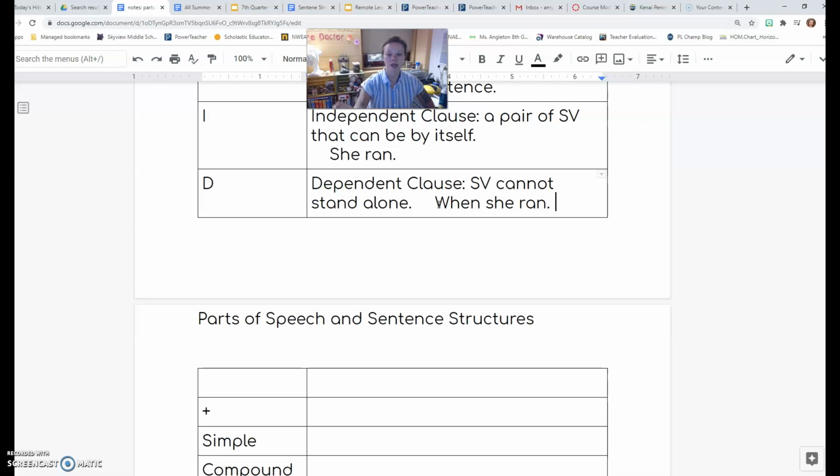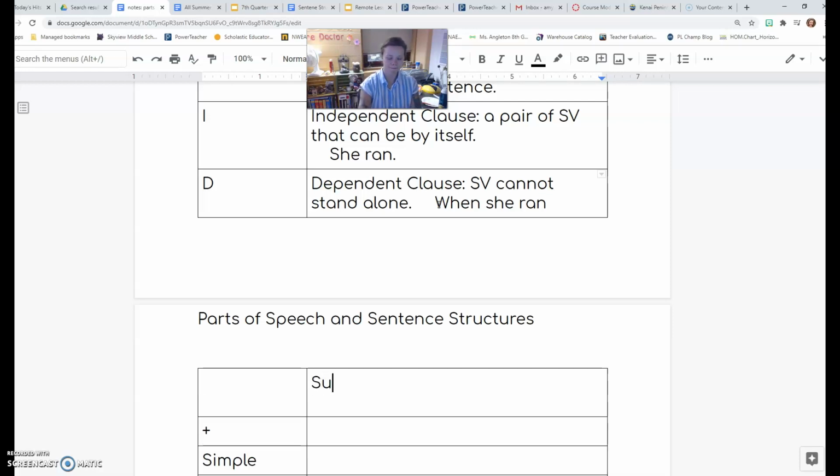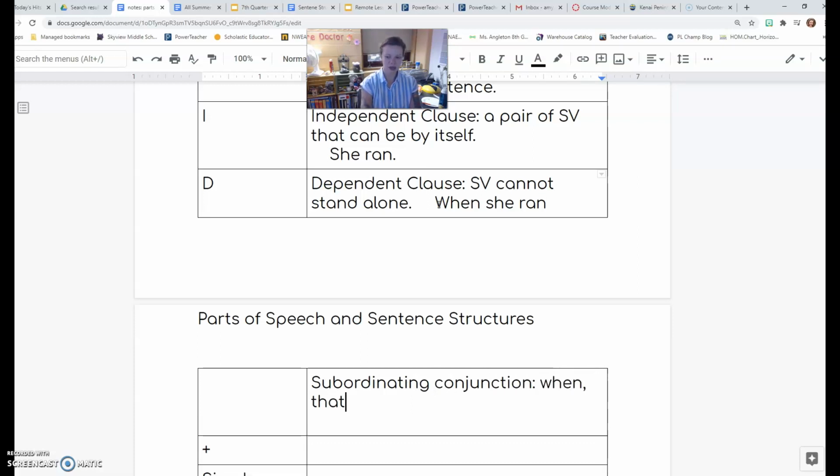So the when is a subordinating conjunction. Subordinating. Yes, I have to spell it like that sometimes. When, that, which, while, there's so many of them.